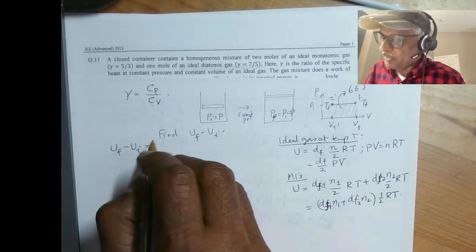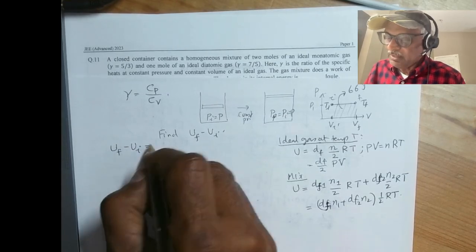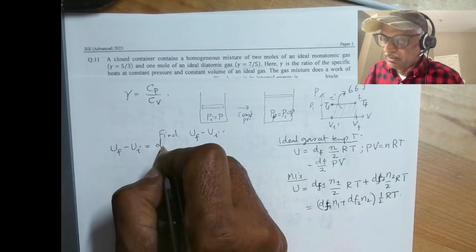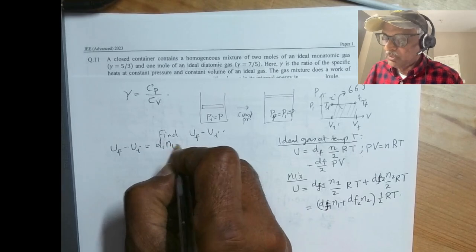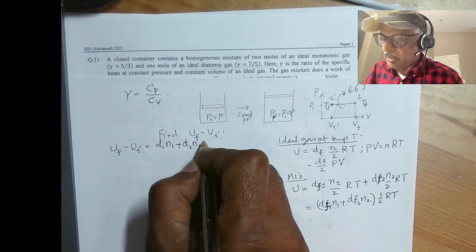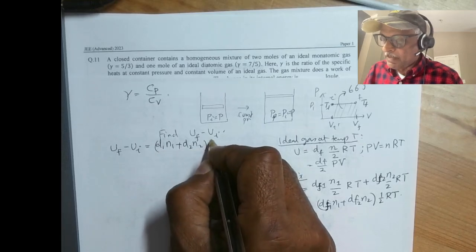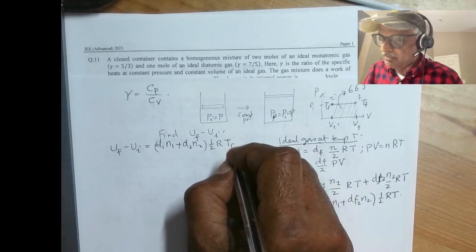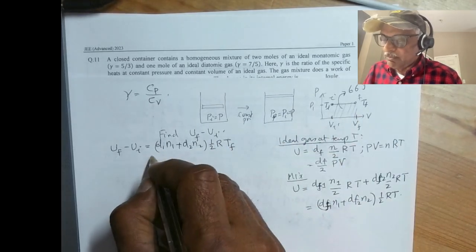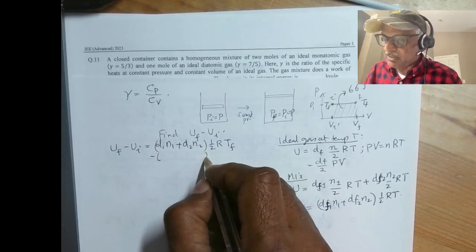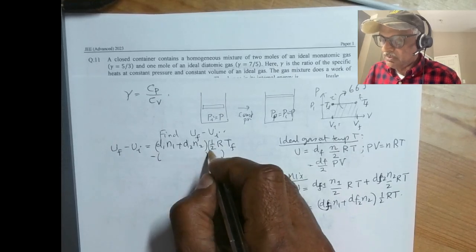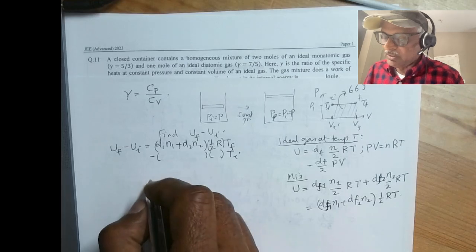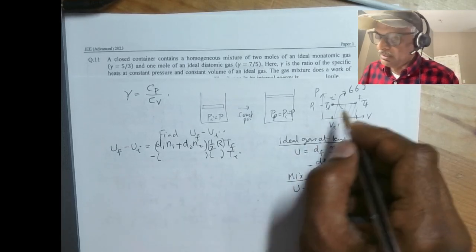We're going to have, let's call it D1 N1 plus D2 N2 times half R T final minus same stuff, T initial. So how about the work done?